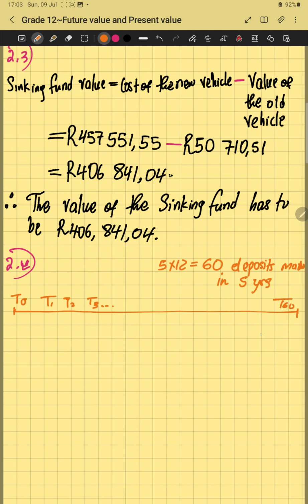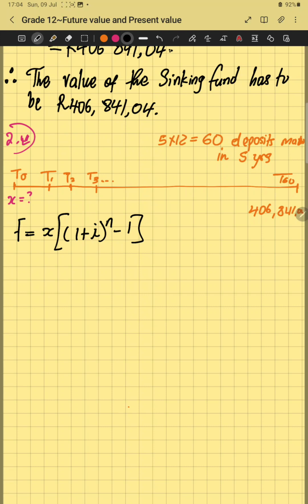Okay, at T60 they are planning to have this amount, 406,841.04, but now they want to know what amount must be invested from the start here, which is X. So we don't know from here what amount this company must invest, so they are planning this one for the future. So let me write the formula down. Future value formula, this is the formula.